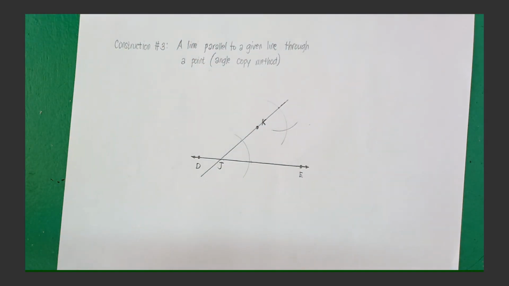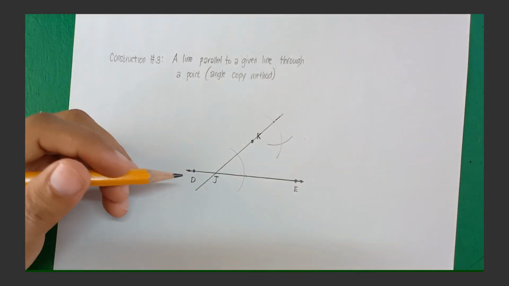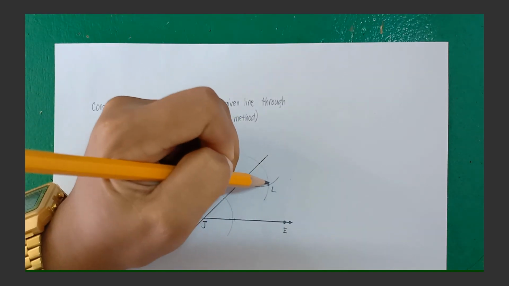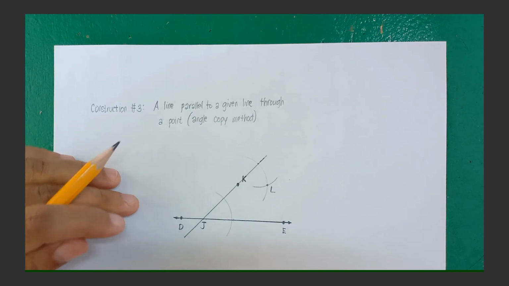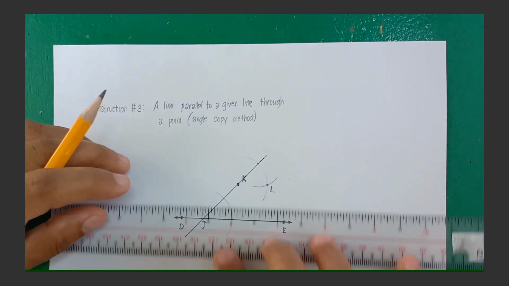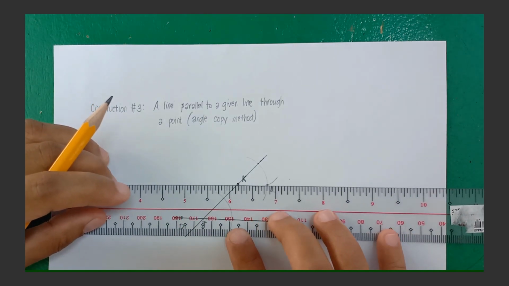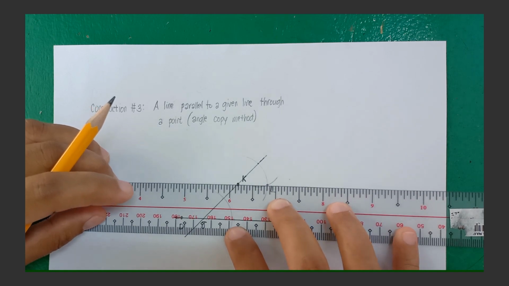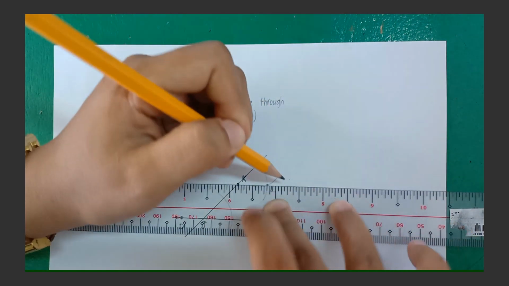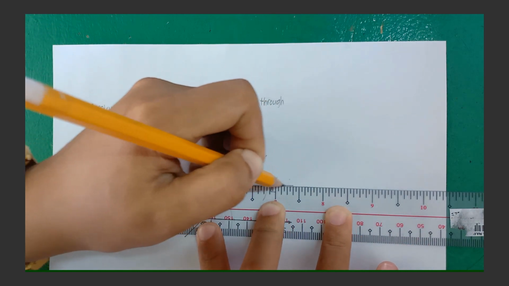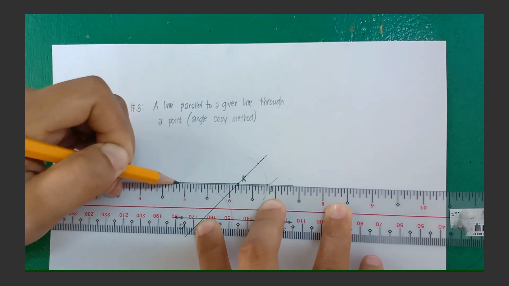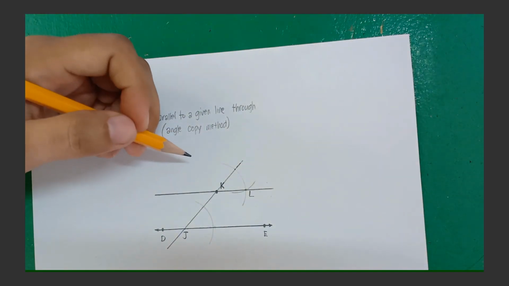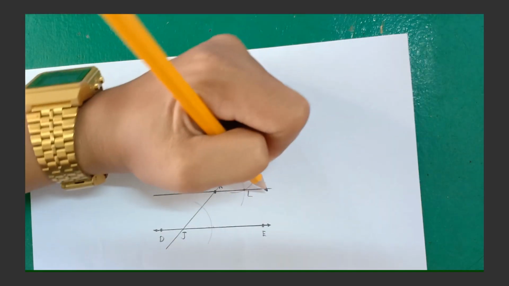So now, let's draw a straight line through points K and L. This is L, the intersection of the two arcs. Draw a straight line using our straight edge. Okay. Then we're done. Line KL is parallel to line DE.